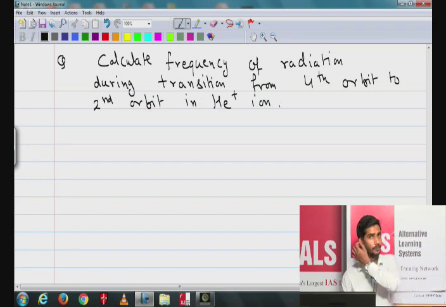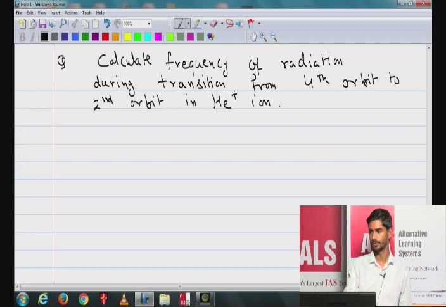Guys, do this one. In the previous questions, answer will be 2.81 and, sorry, 1.4. Do this question for me. Calculate the frequency of radiation during the transition from fourth orbit to second orbit in helium ion. Do it.